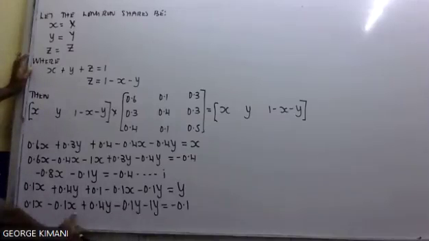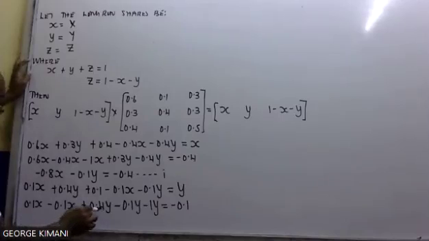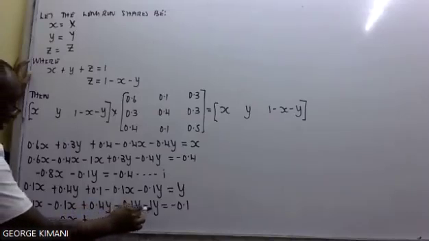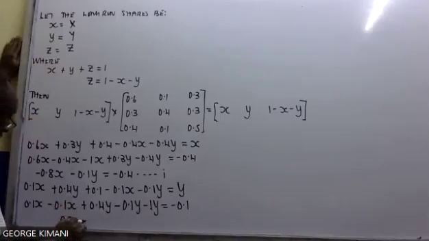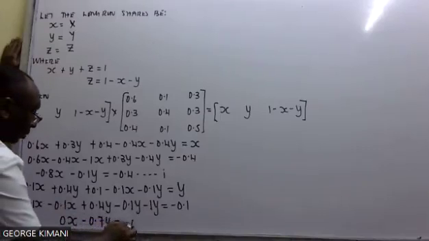So this is 0.1 minus 0.1, so it is 0x. Plus now 0.4 minus 0.1 minus 1 is minus 0.7y, equal to minus 0.1.